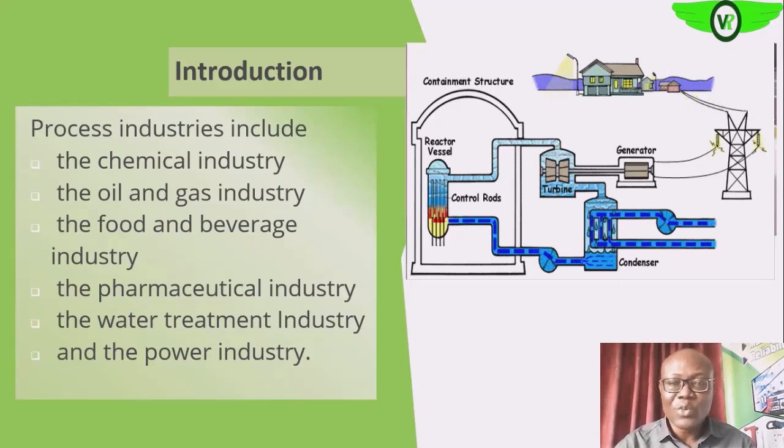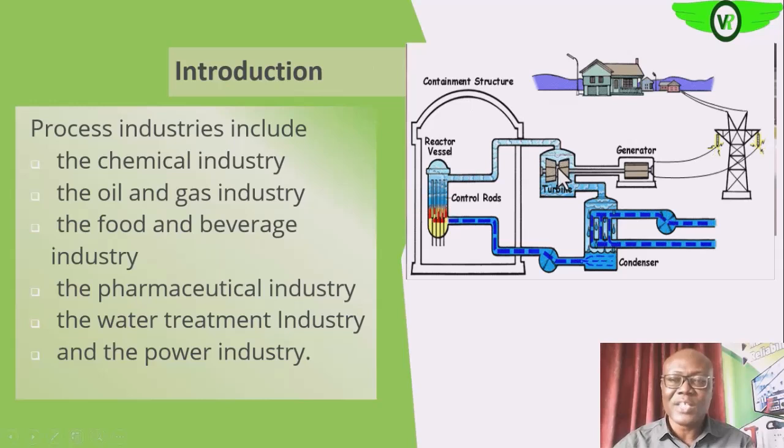If you look at all of these series of processes, there are some variables, as we will see later, that we need to control in order to get the desired level of voltage or of power out of the power station.